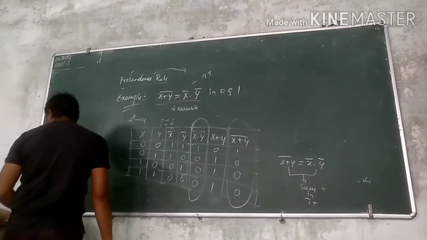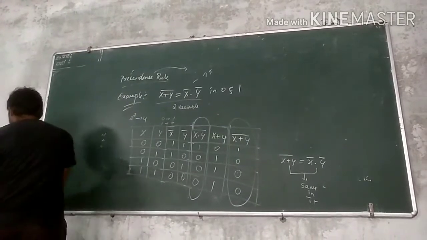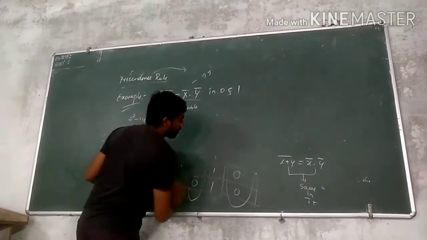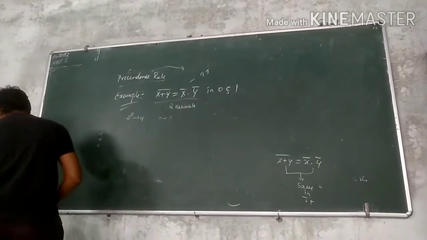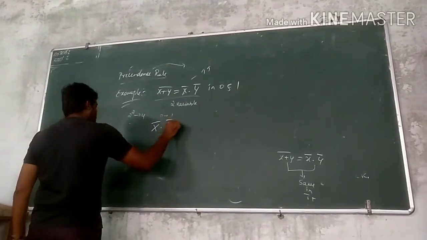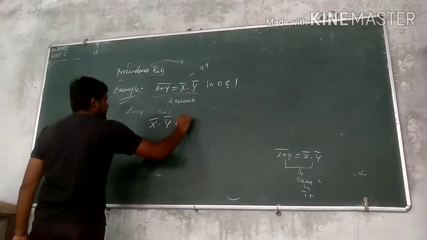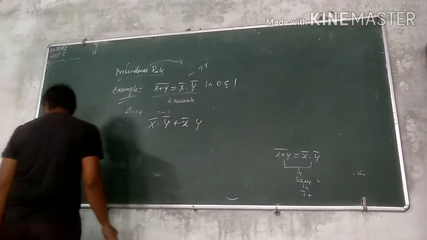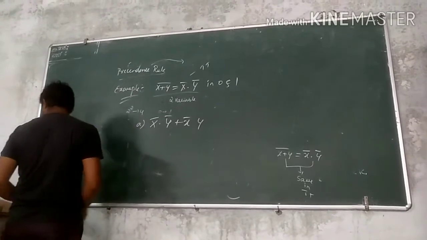Next we will go for the next one. Take an example, you can go for this one. Take the assignment, you can do it yourself: x complement dot y complement plus x y. First assignment.